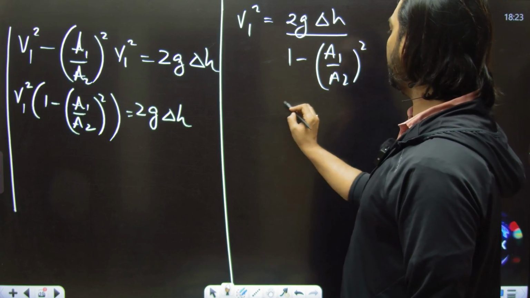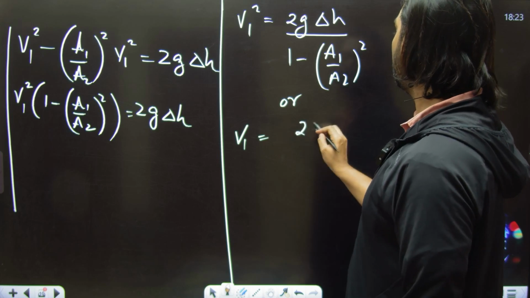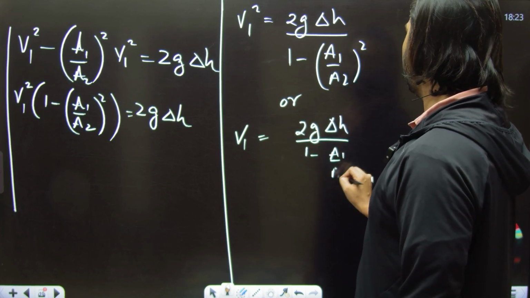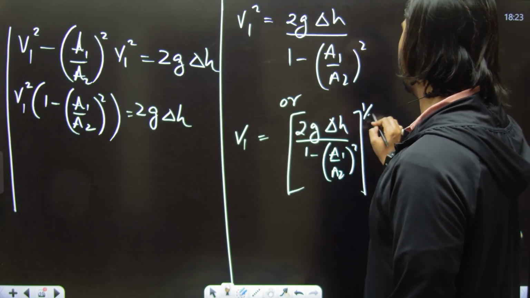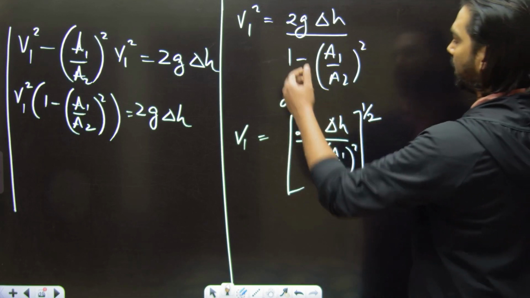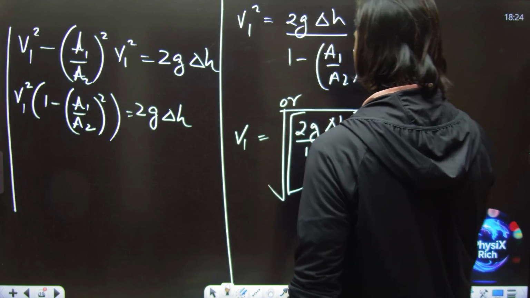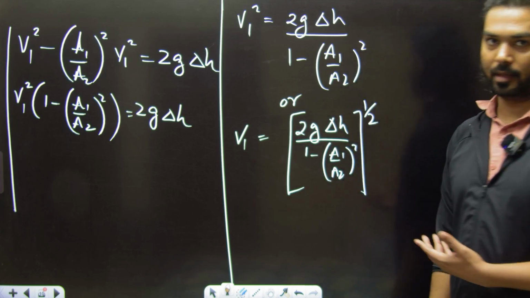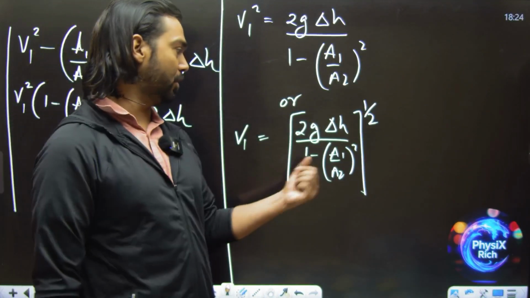Or we can say, taking root on both sides, V1 is simply 2g delta h upon 1 minus A1 by A2 the whole square, to the power of 1 by 2. Please notice that I could have written this as a whole root. It's the same thing. I find this raised to power 1 upon 2 more convenient to write.